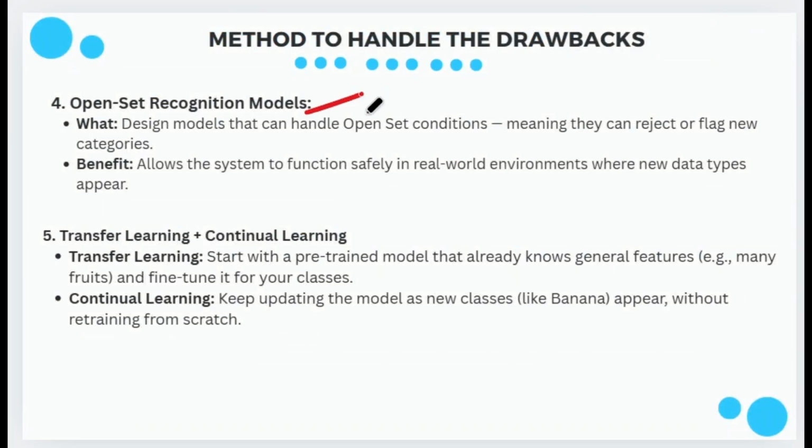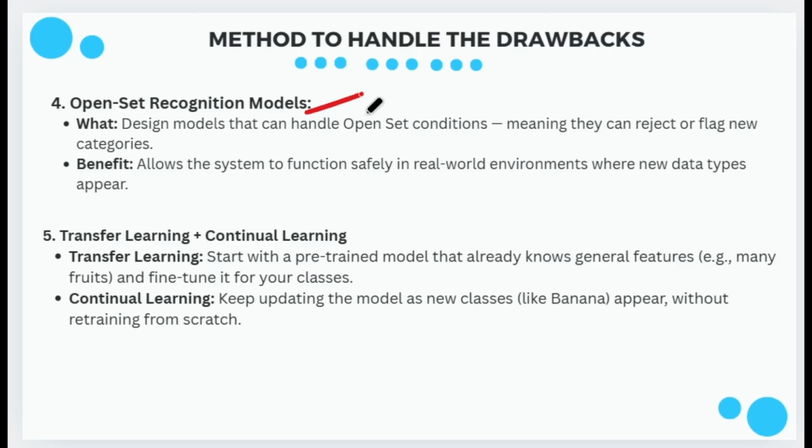Then comes the open set recognition model. What does open set mean? Most ML models assume all possible classes are already known, which is referred to as closed set. But in real life it is not closed. Open set recognition means the model can recognize known classes and reject unknown classes.